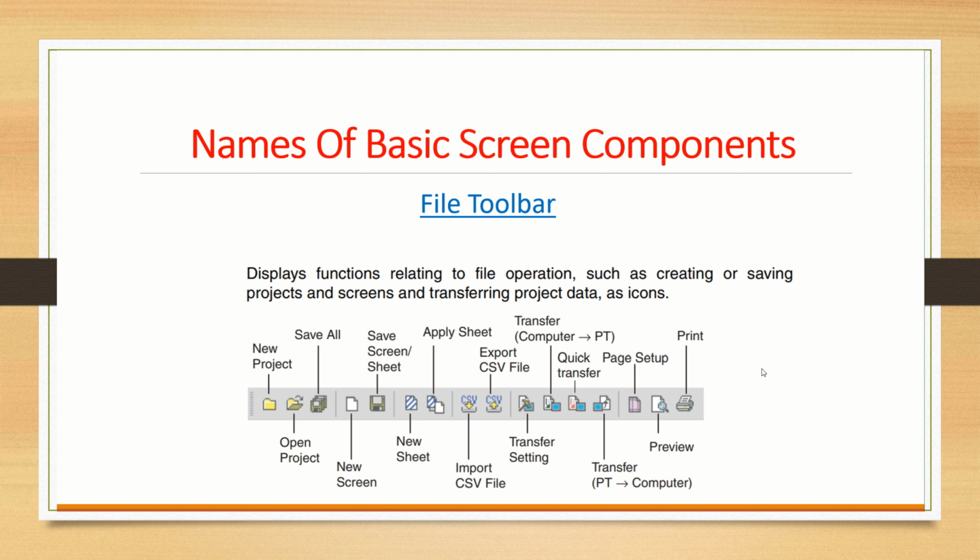On the top portion of the screen, we can find the file toolbars. They display the functions relating to file operations, such as creating or saving projects and screens, and also the transferring of settings.